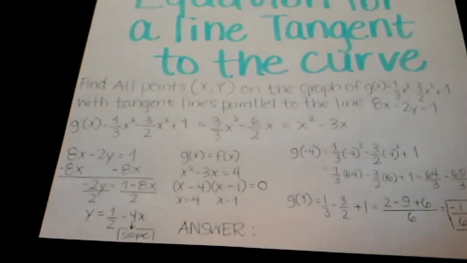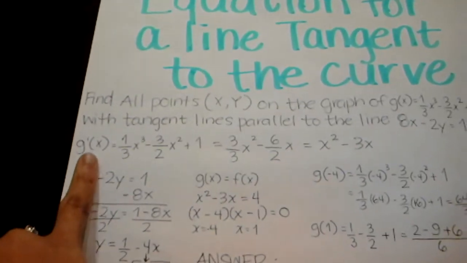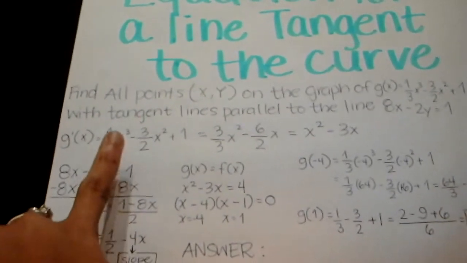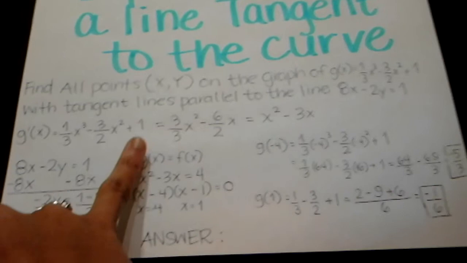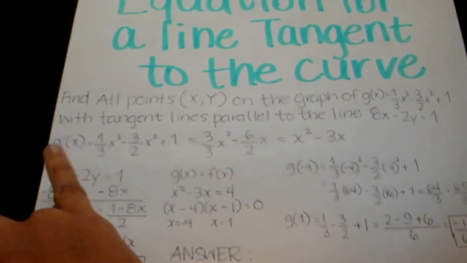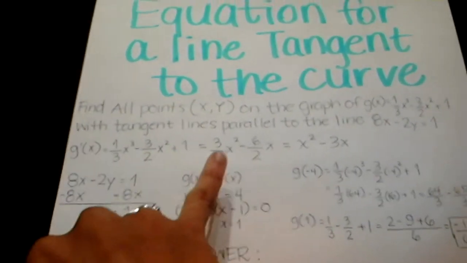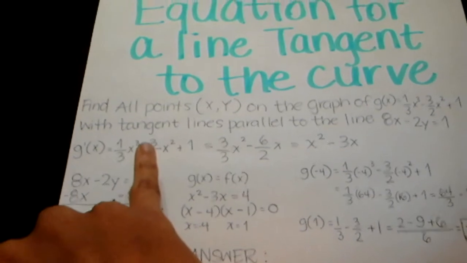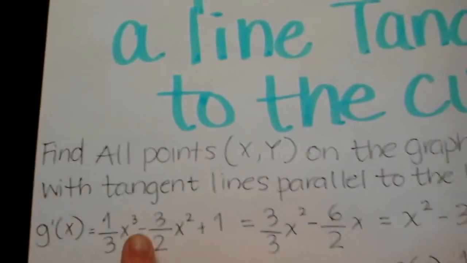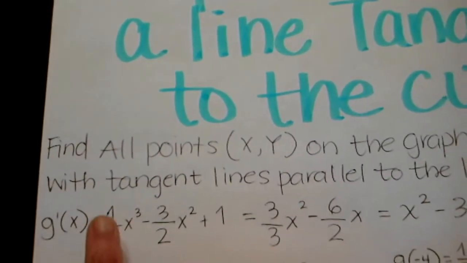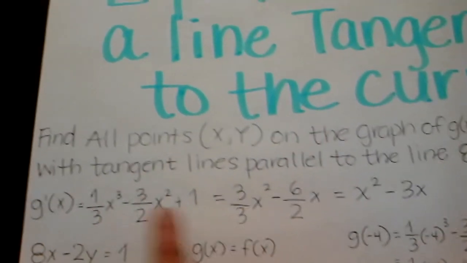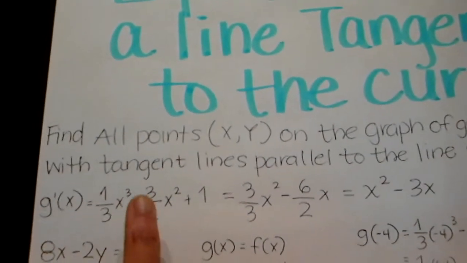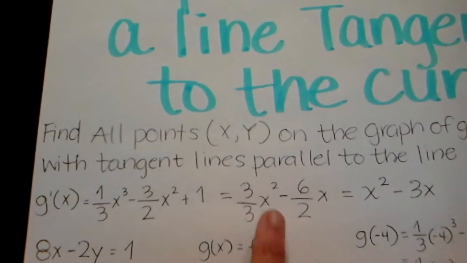Okay, first we're going to prime g of x, which is right here. G of x equals 1/3 x cubed minus 3/2 x squared plus 1. Then we're going to find the derivative of the g of x equation, where you multiply the exponent 3 times 1/3, which is 3, so it'll be 3 over 3x, and you subtract 3 minus 1, that gives you the exponent of 2.